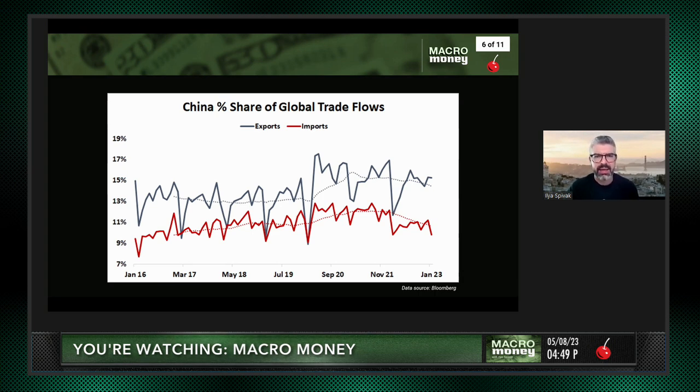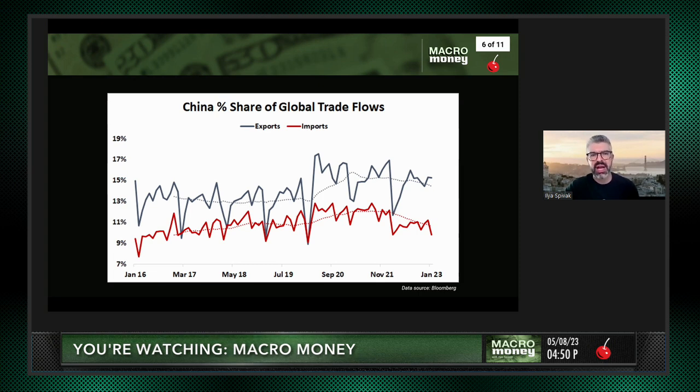The dotted line there is just a 12-month moving average, and you can see even there, it's well above where that average was, let's call it, in 2019. So we're still normalizing, it looks like. We're still trying to get back to a kind of normal, similarly for imports.